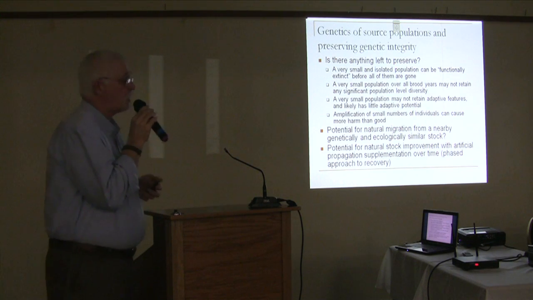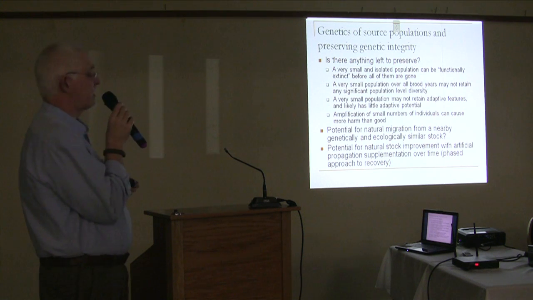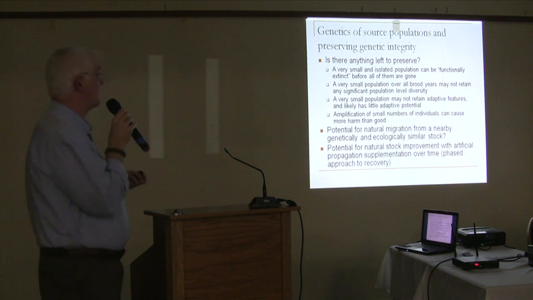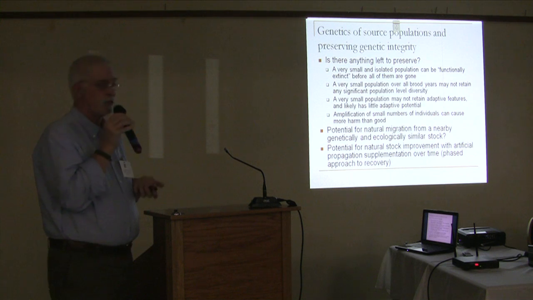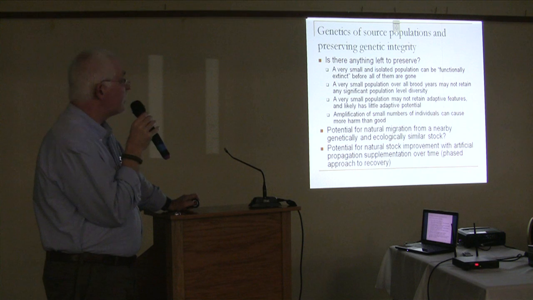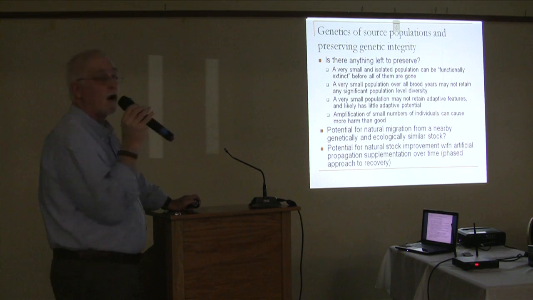I was also asked to talk a little bit about genetics of source populations and preserving genetic integrity. First question that you'd need to ask is whether there's even anything left to preserve. And much of this has to do with the small population dynamics that we've been talking about. Very small and isolated populations can be functionally extinct even before all of them are gone.